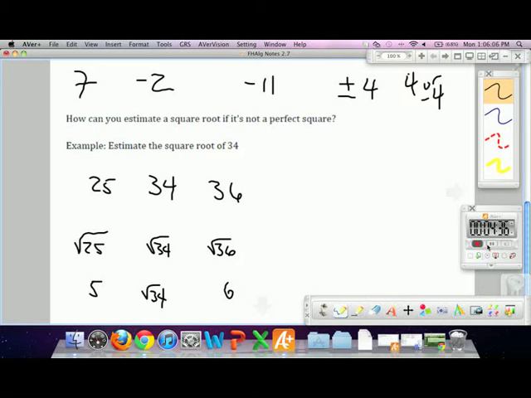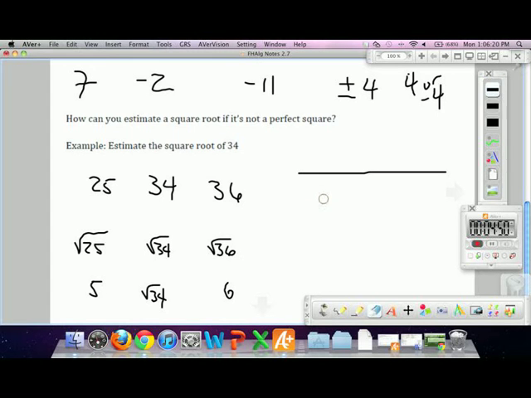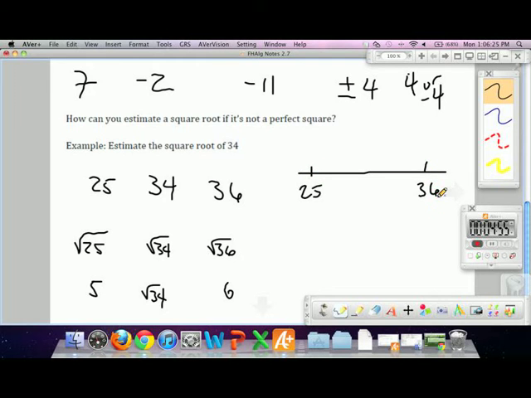You can think of it visually, you can draw yourself a number line. And if you put, say, 25 at one end, 36 at the other, where is 34 closer to? 34 is a lot closer here. So if you take the square root of all of these, that means the square root of 34 should still be closer to this end, which is closer to 6.